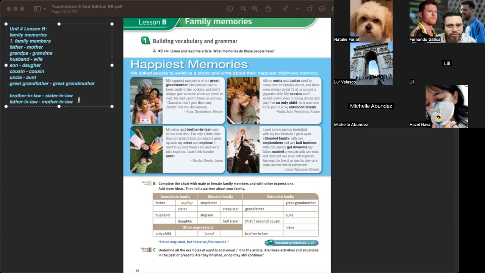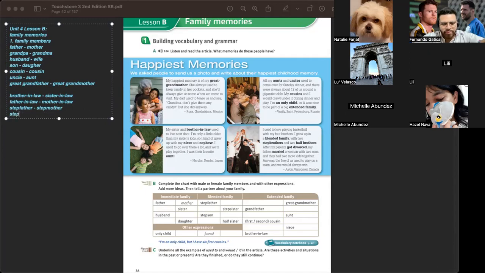And what about padrastro? Father-in-law. No, father-in-law is suegro. Stepfather. Madrastra? Stepmother. Hermanastro?